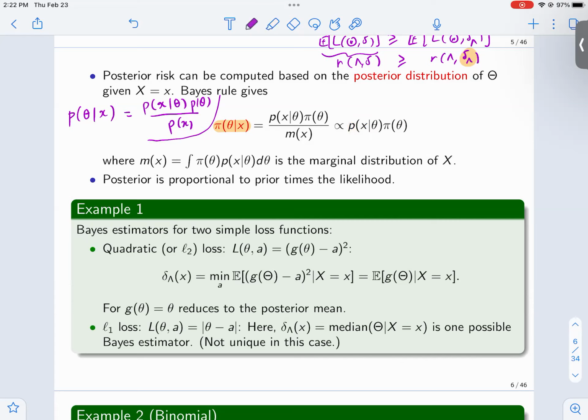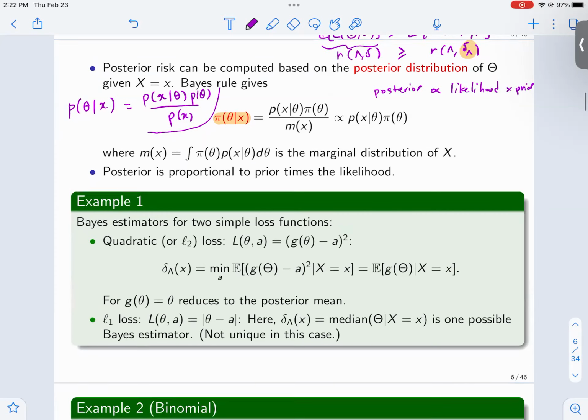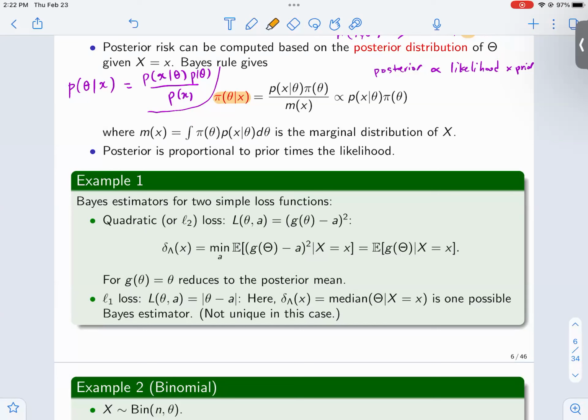That's the dogma in Bayesian statistics: posterior proportional to likelihood times the prior. That's Bayes' rule, and this just summarizes the entire Bayesian approach. We'll see examples of this, okay? So let's see what happens. Any questions?